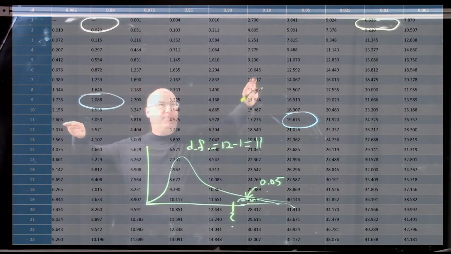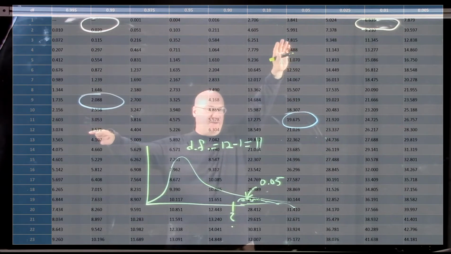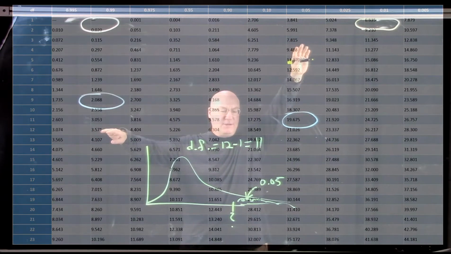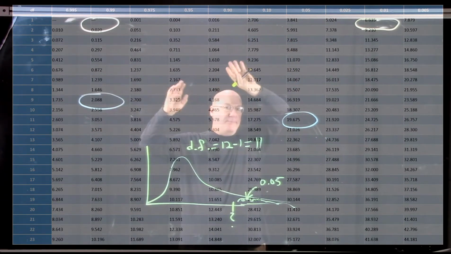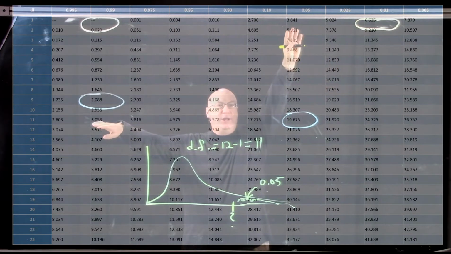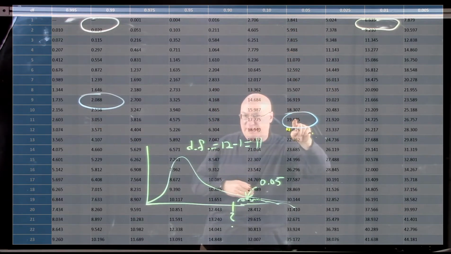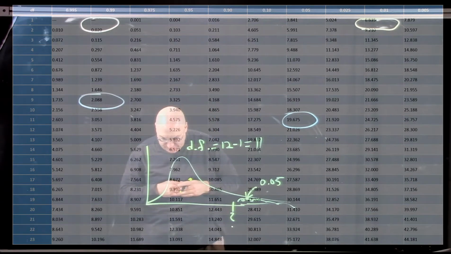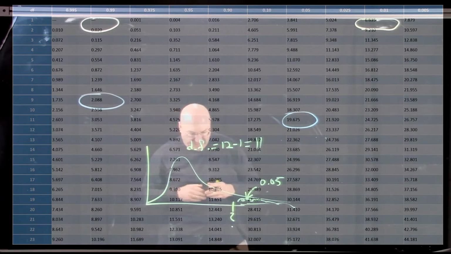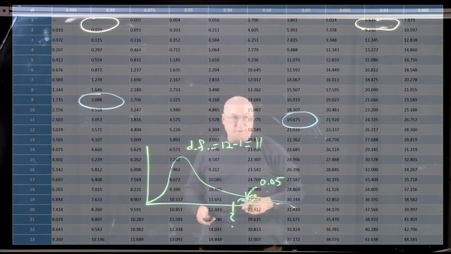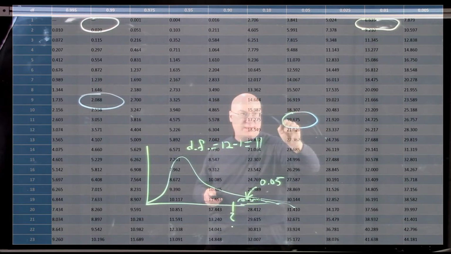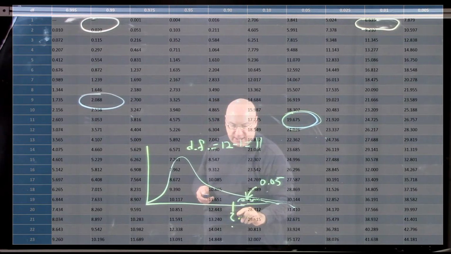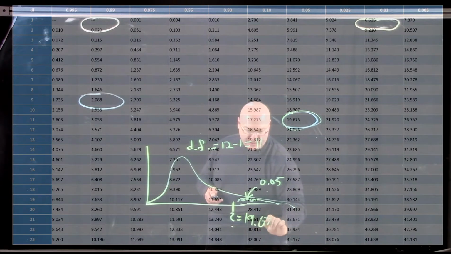And then up top you want to find 0.05 area to the right, which is what all the areas up top mean, to the right. So you find that, and you come right here to that value that I've circled, and it is 19.675. So there's the answer, 19.675.